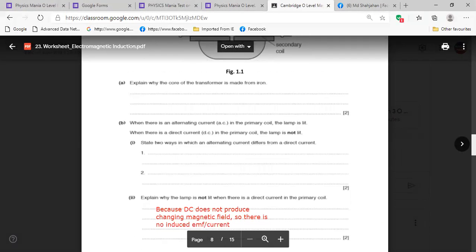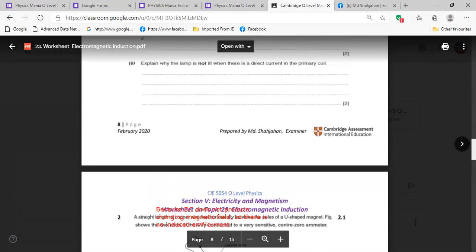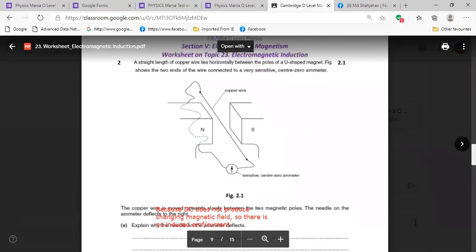Finished? Yes. Question number 2, right? I can remove this writing, okay? Read this question.